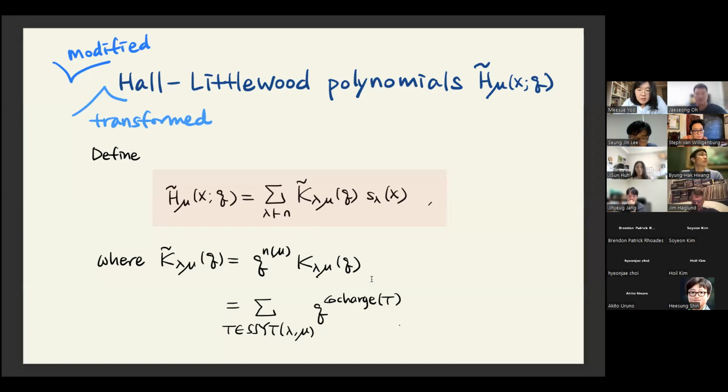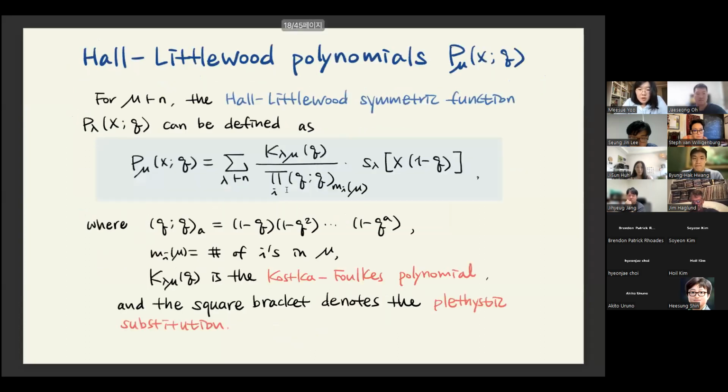And this one is defined by the cocharge statistic. So it's known to be a positive q polynomial. And if you just compare the definition here, we get rid of this denominator. And then instead of this modified Schur function, you just use the Schur function, then you have H mu. And by transforming this K lambda mu one more time, you get the H mu tilde.